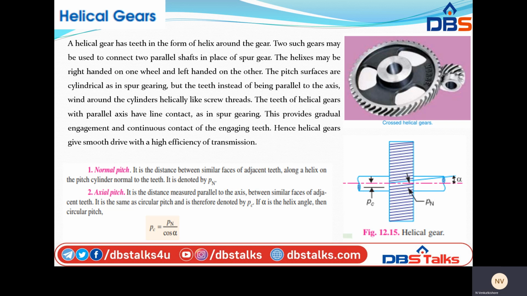PC means Pn by cos alpha. Here alpha is the helix angle, so the circular pitch is equal to Pn by cos alpha. This helix angle is also known as the spiral angle of the teeth. It's a very important angle, that is alpha, which may be denoted as the spiral angle.